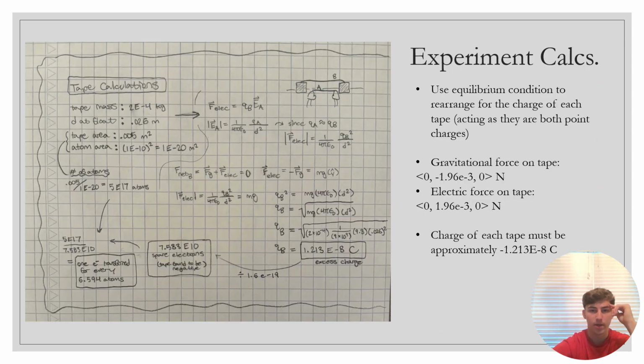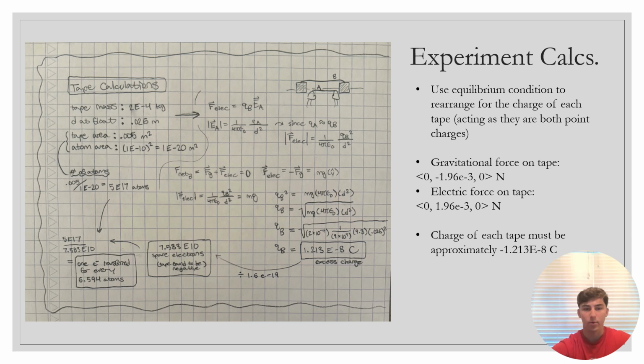So for our experiment, we can calculate the charge on one piece of tape by using our equilibrium condition on our top piece of tape, where the force of gravity and the electric force will cancel out to be zero. So once we find our gravitational force to be -1.9e-3 newtons in the y direction, that means our electric force has to be equal and opposite to this.